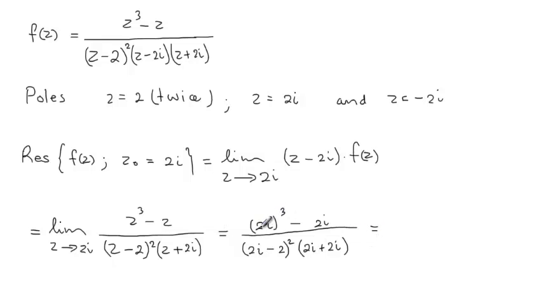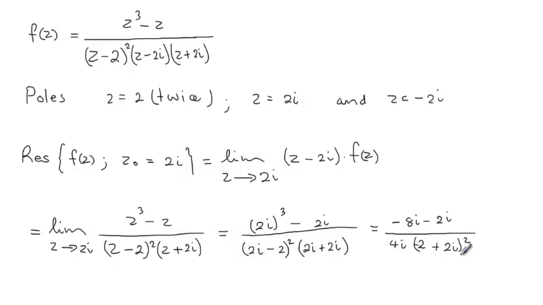Simplifying this, here we get (8 − 8i − 8i − 2i) over 4i multiplied by (−2 + 2i) all squared.